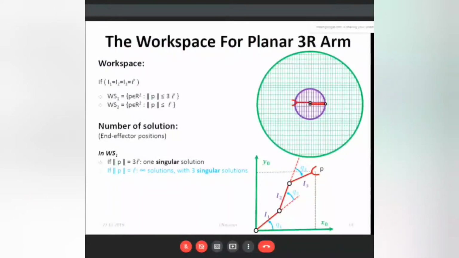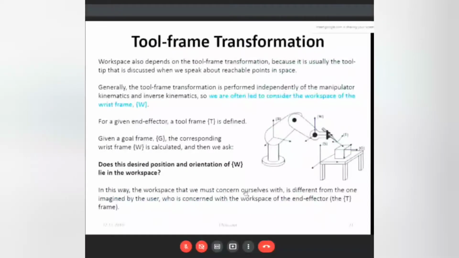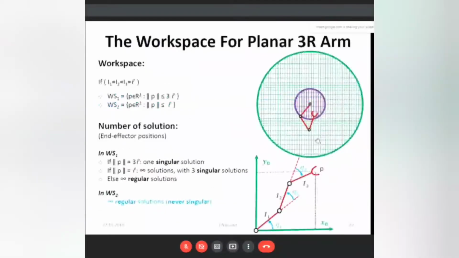So these are infinite solutions. In this phase, this is the maximum limit of this link, this is the maximum limit of this link, and this is the maximum limit of this link.